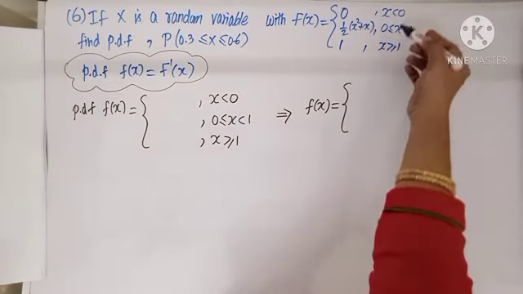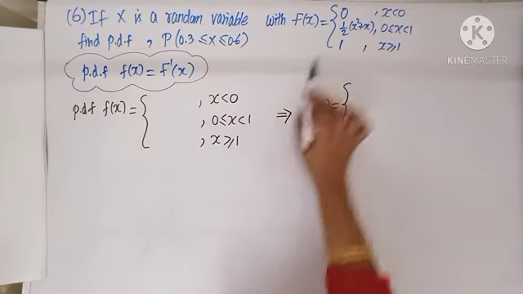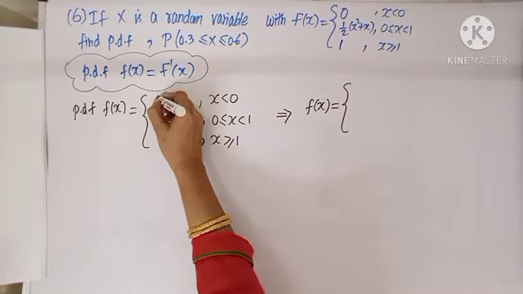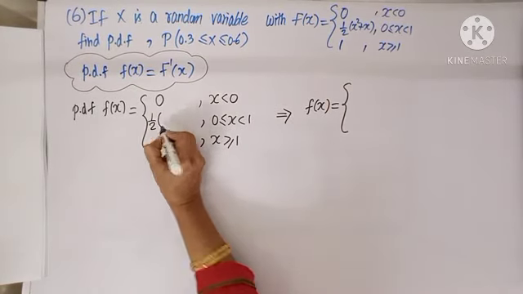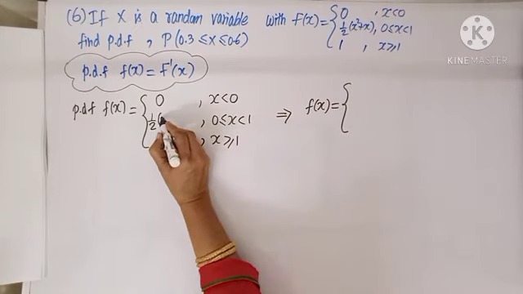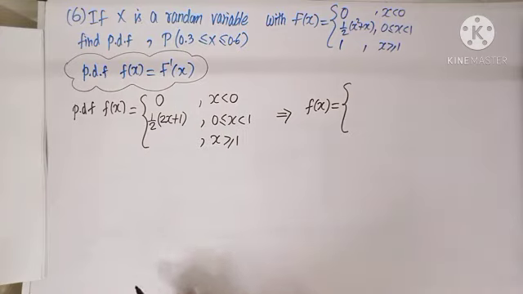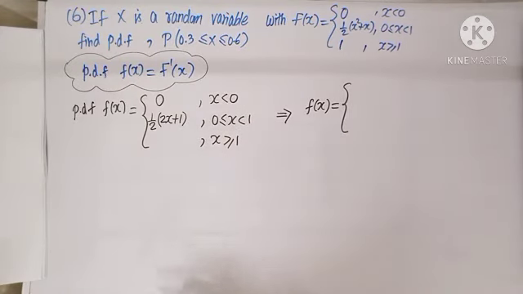So the same intervals we have written. What is the p.d.f.? Let us differentiate. 0 differentiated is 0. Half x squared plus x: x squared becomes 2x, x becomes 1.